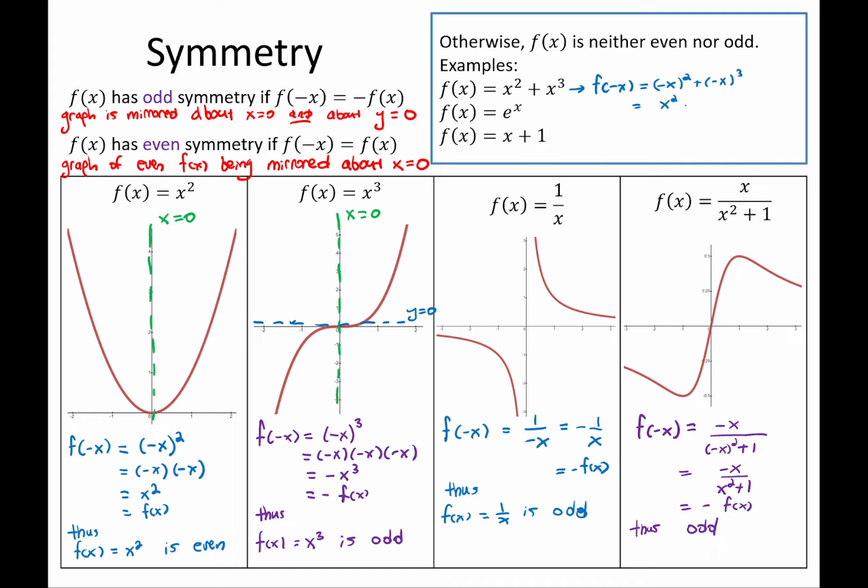So we get x squared minus x cubed, and that's not equal to f of x, and it's not equal to negative f of x. So not even, not odd. It's neither.